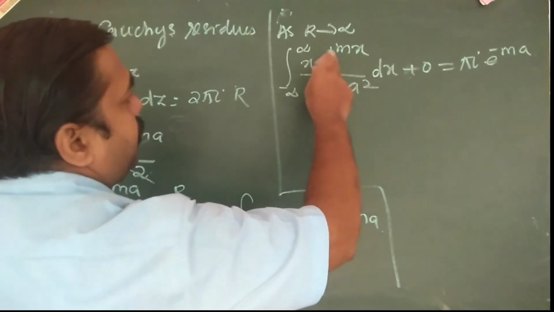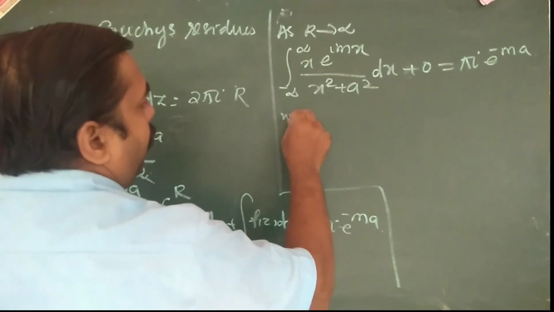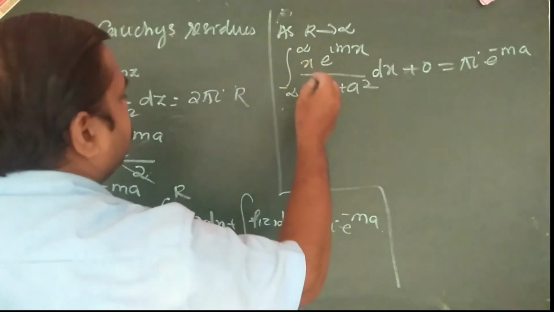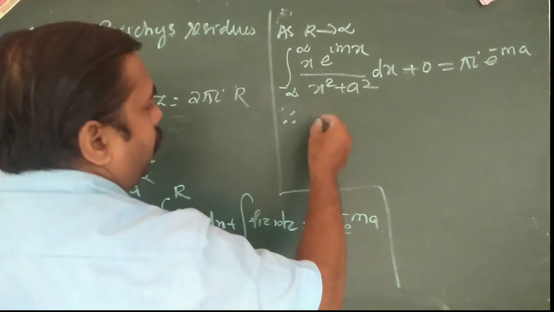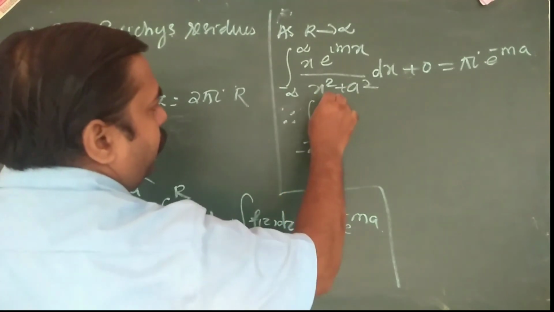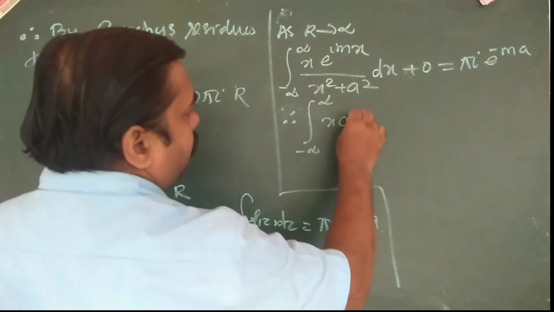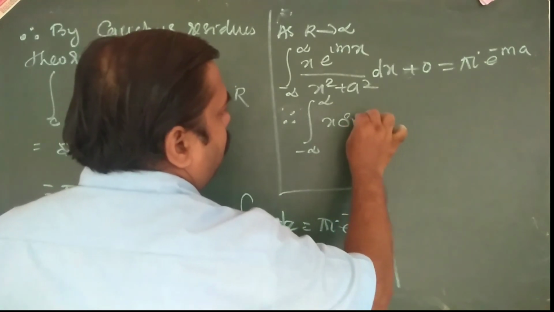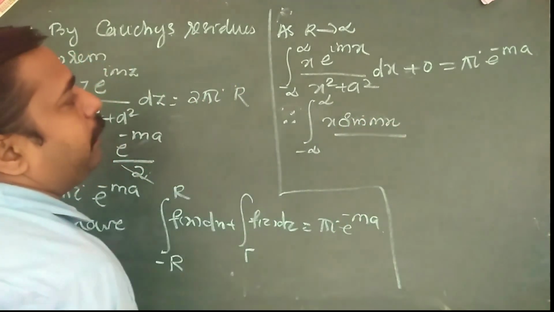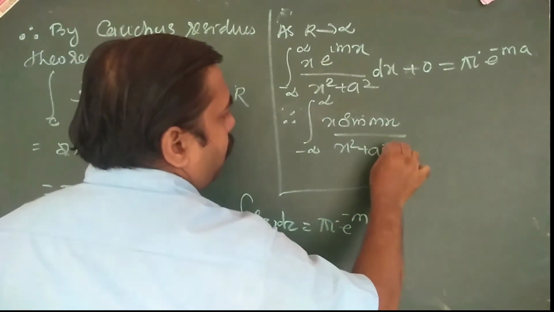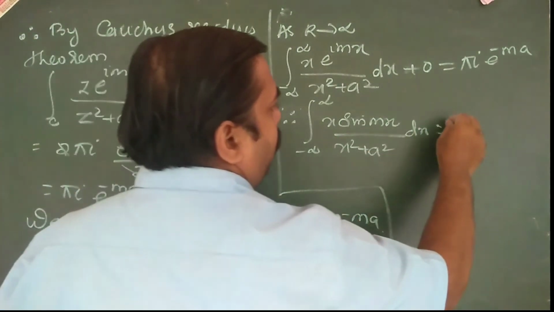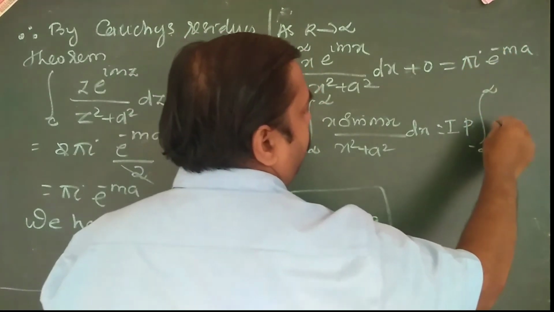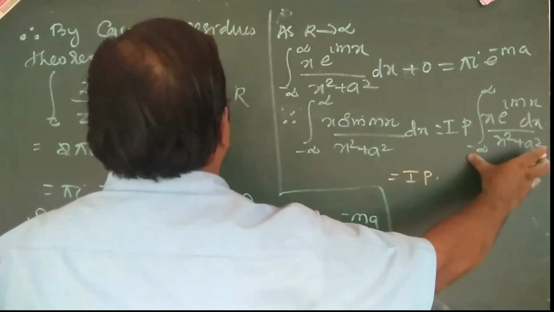Now what is the real part, what is the imaginary part of this one? Therefore the integral from minus infinity to infinity of x sin mx divided by x square plus a square dx is equal to the imaginary part of the integral from minus infinity to infinity of x e raised to imx over x square plus a square.